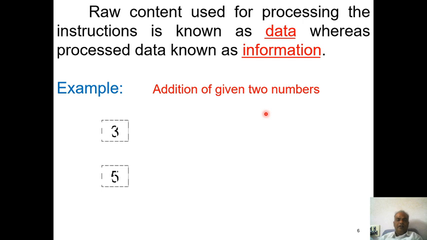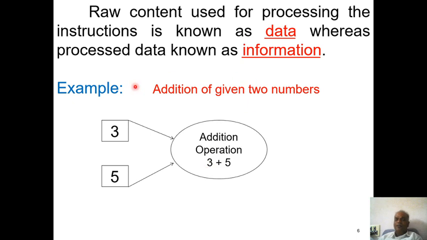Let us take the first number as 3 and the next number as 5. You give these two numbers through an input device like the keyboard. Those two numbers are processed by the computer system with the plus operator. Plus is an addition operator. So here 3 and 5 are the data.